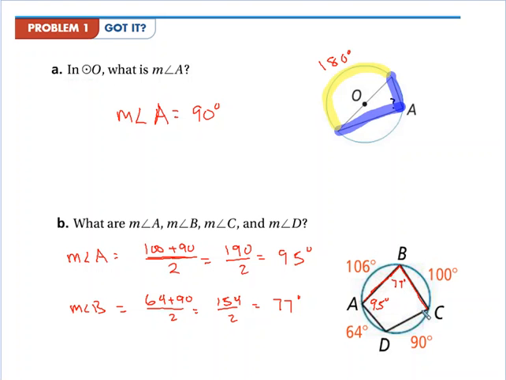If I work around to part C now, again, I'll erase the highlights along the sides here. So this one was 95, this one was 77. Now if I want to find angle C, I follow its sides over to the circle, and the intersected arc goes BAD, so I'm going to have to add 106 plus 64, and that's a total of 170.